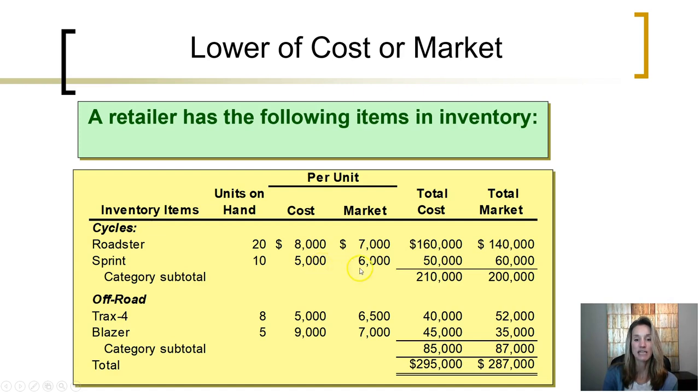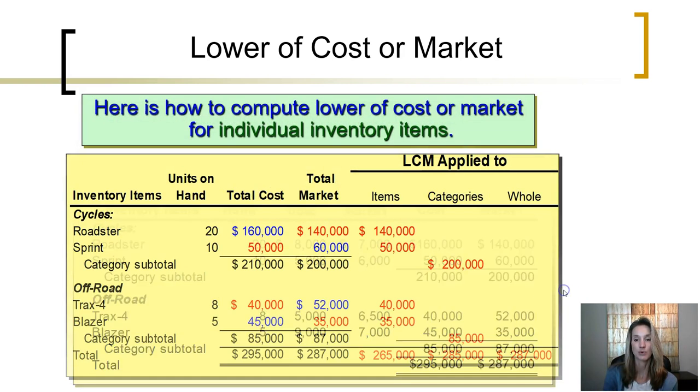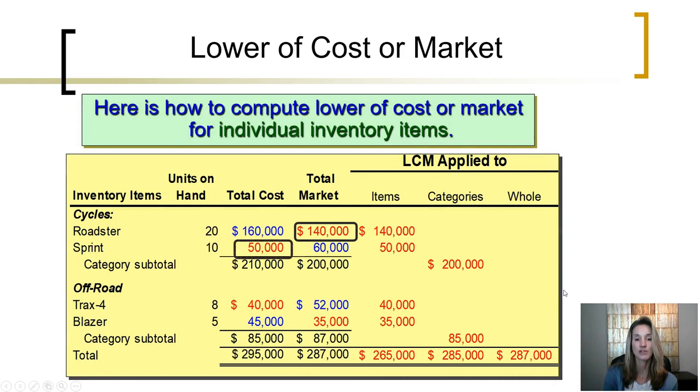So we're extending this out to get the total cost and the total market for each inventory item, and then adding them up to get the total for each category, and then to get the total for the inventory taken as a whole. Now, applying this rule, we are going to first look at applying it by each inventory item.